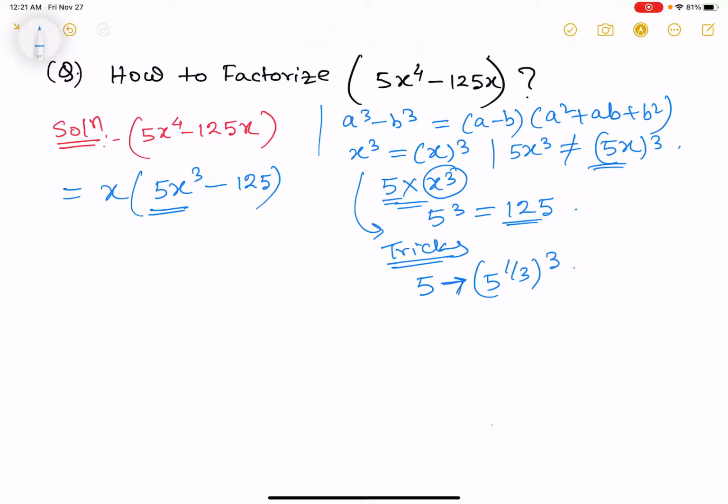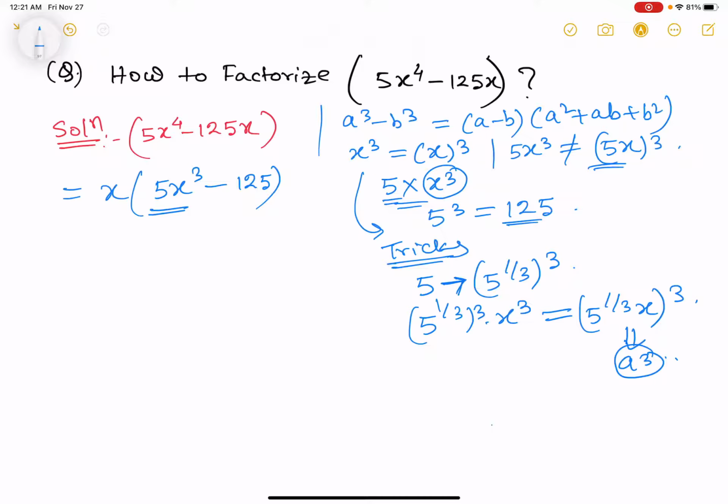So simply we change this 5. Now after that we construct the a cube term here. Now we can write 5 to the power 1/3 to the power whole cube into x cube. So we can write (5 to the power 1/3 into x) to the power whole cube. So that's clear. So this is our a cube term construction complete.